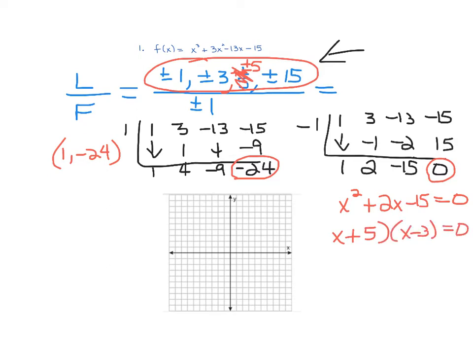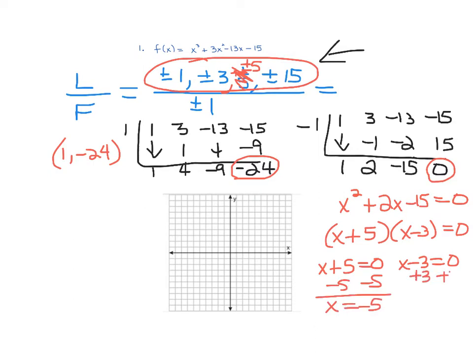It's a lot faster process than completing the square or the quadratic formula. I have now factored this into x plus 5, x minus 3. I now set each of the factors equal to 0. And this will now give me my additional 2 zeros out of the 3 that I'm looking for.